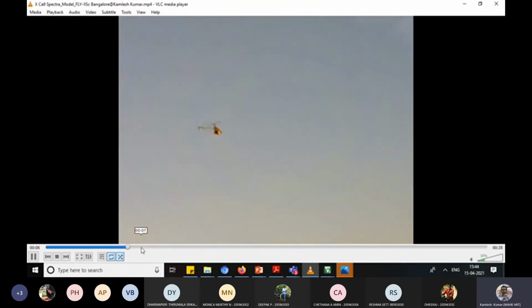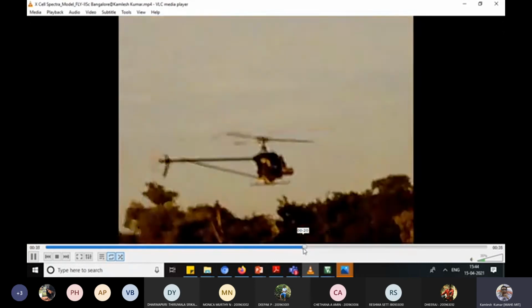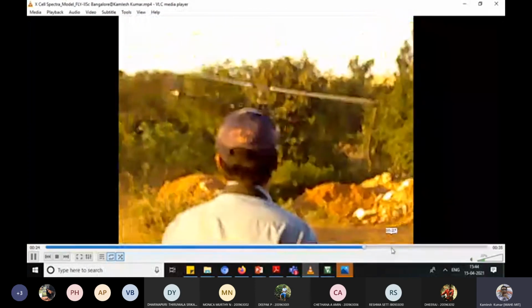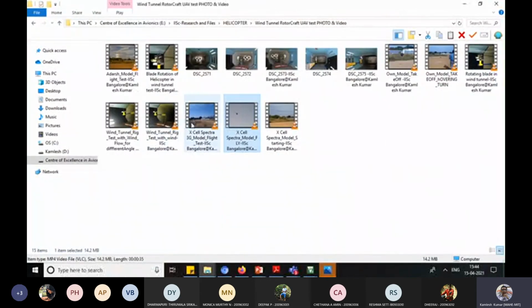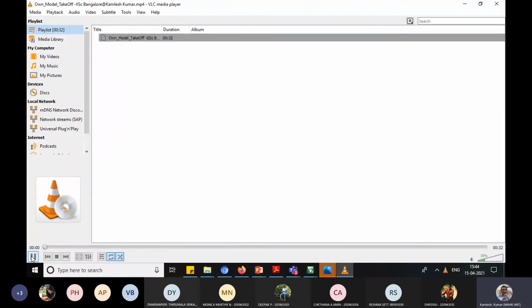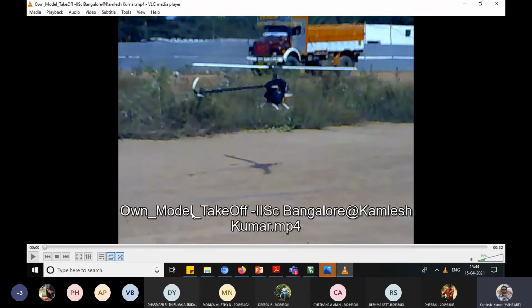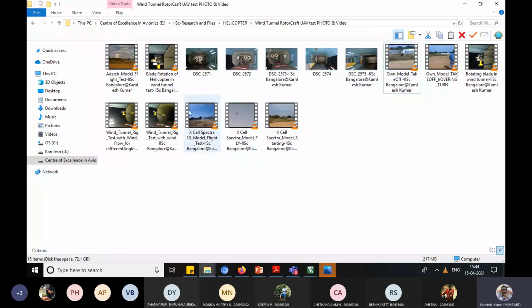So they do that, like inverted, different. Same way, you can go ahead with fixed-wing type models.